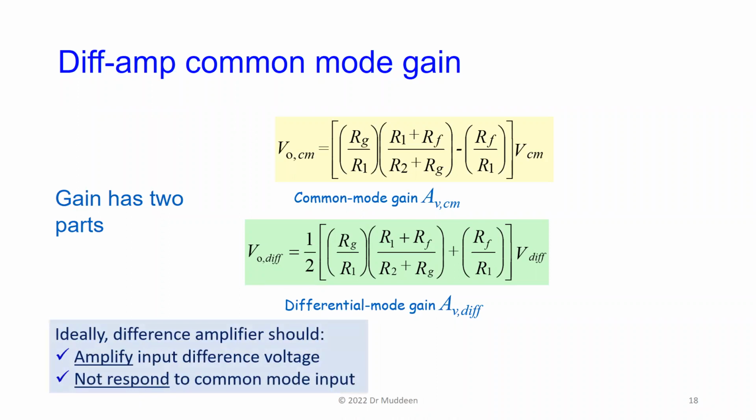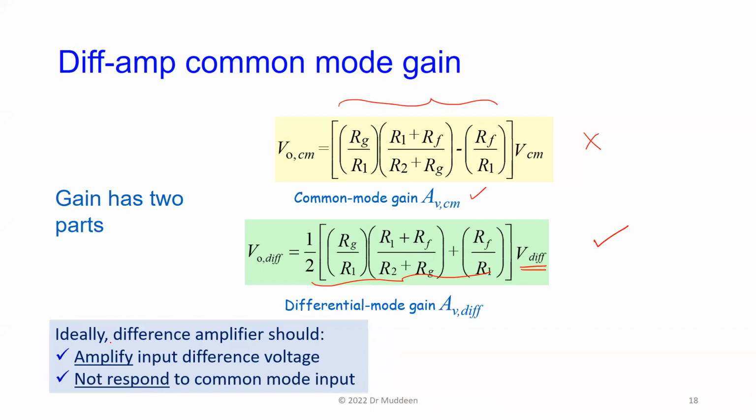There's a part that is amplifying the common mode signal, and we call this expression the common mode gain, AV common mode. This is what we don't want. And there's a part that is amplifying the differential signal, this expression here, and we call that the differential gain, AV diff. And this is the part we want.